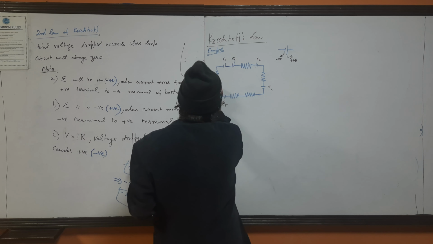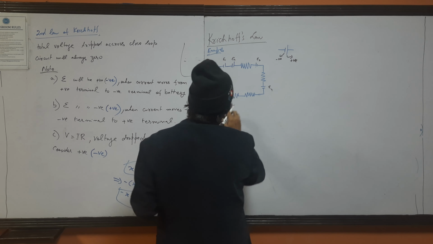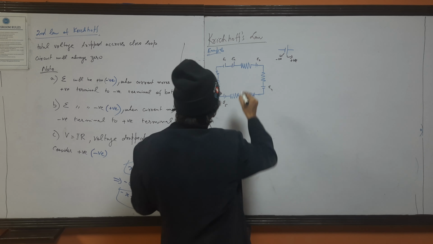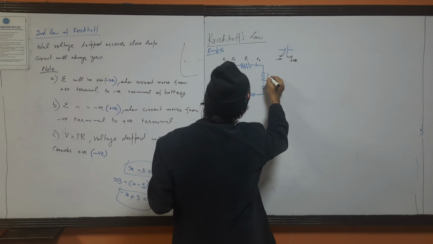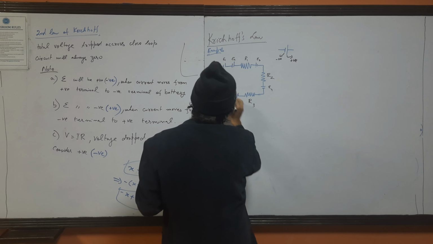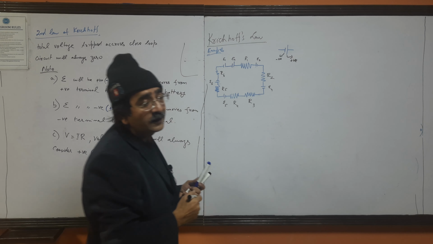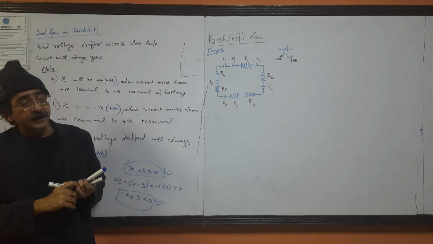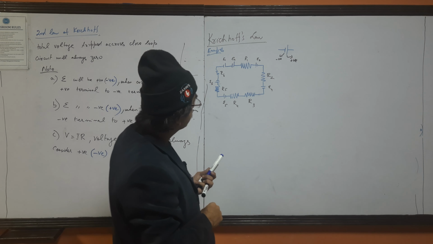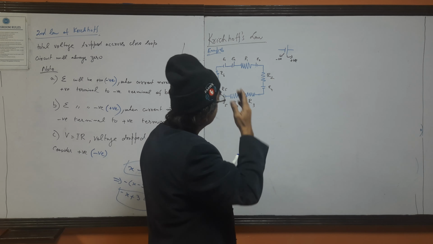There are 6 batteries, 1, 2, 3, 4, 5, 6. And this is resistance 1, resistance 2, resistance 3, resistance 4, resistance 5, resistance 6. What are the junctions? These are yours. This is the given.